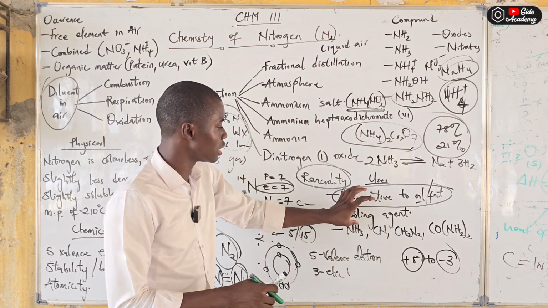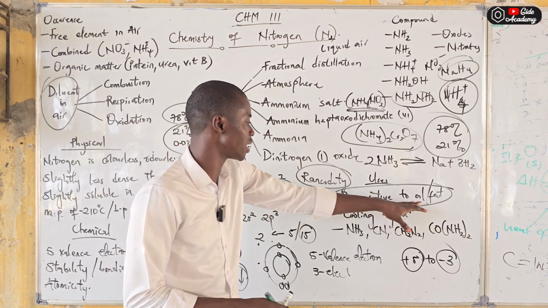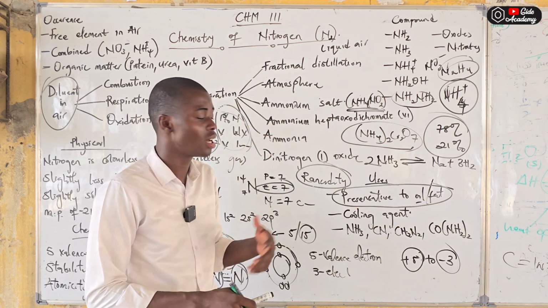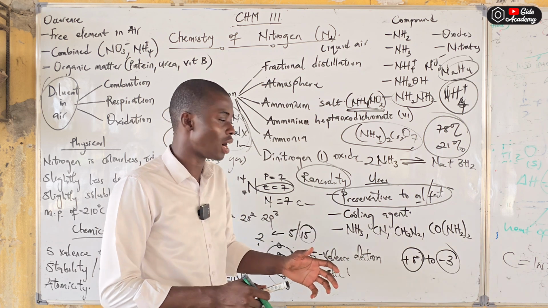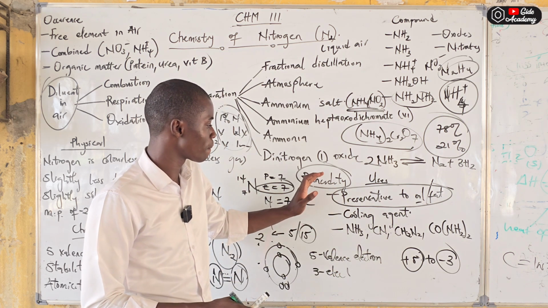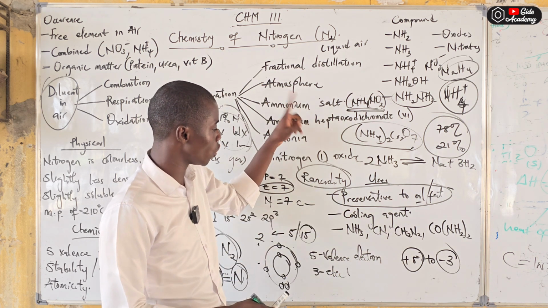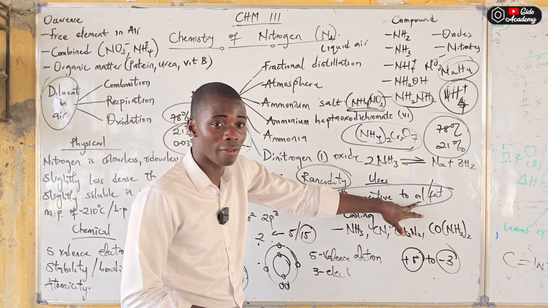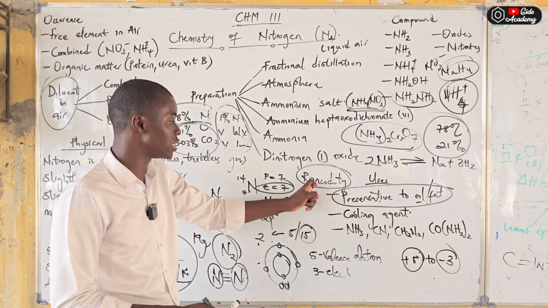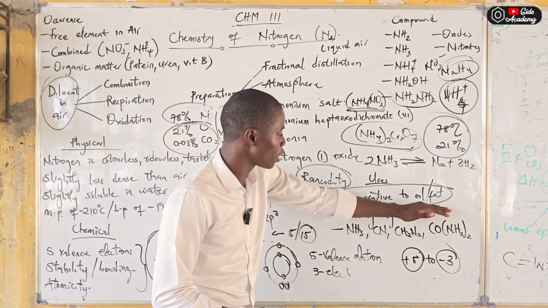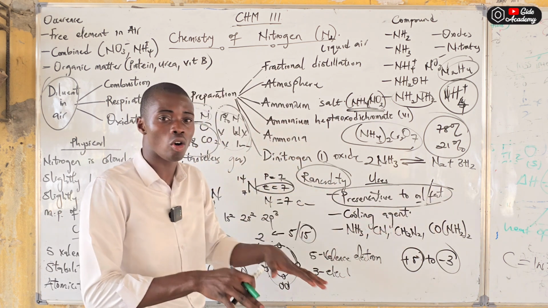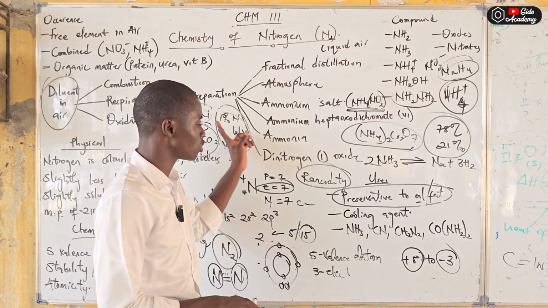Rancidity is more of a breaking down of fat and oil to give us other organic compounds such as carboxylic acid, alkanone, and aldehyde. What nitrogen is going to do is preserve fat and oil from rancidity. So it's going to stop fat and oil from being broken down into other organic compounds.